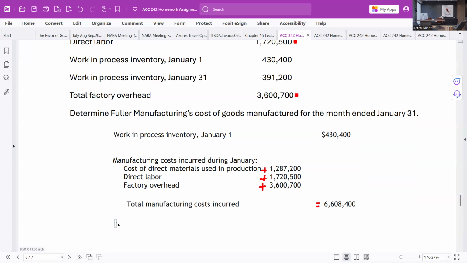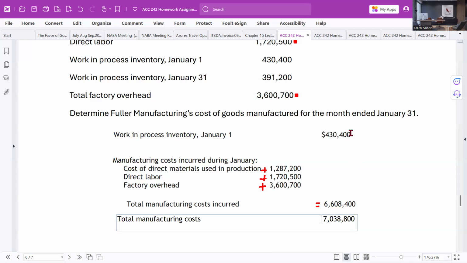So when we add what we started with on January 1, plus the manufacturing costs, put these two pieces together, those are all the manufacturing costs, right?